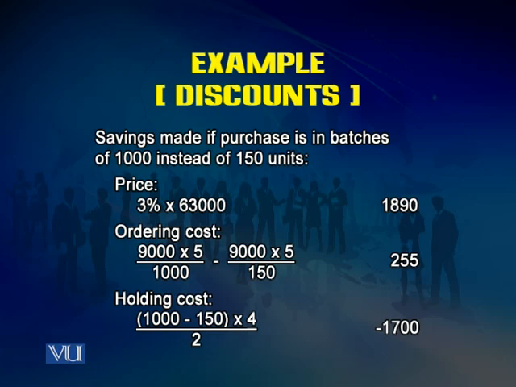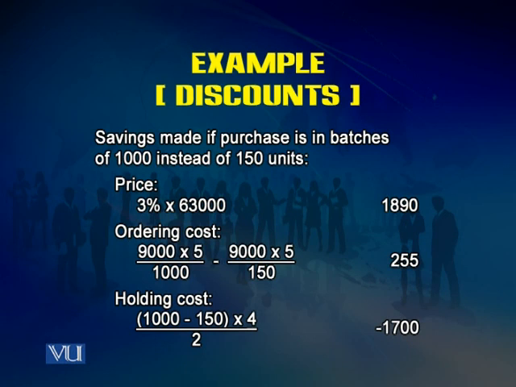Holding cost, we said, is going to increase. So the savings are the 1,890 and the 255. The increase in holding cost is the order size of 1,000 minus 150, divided by 2, to give the average increase in stock held, multiplied by the holding cost of rupees 4 per unit, and this gives 1,700.